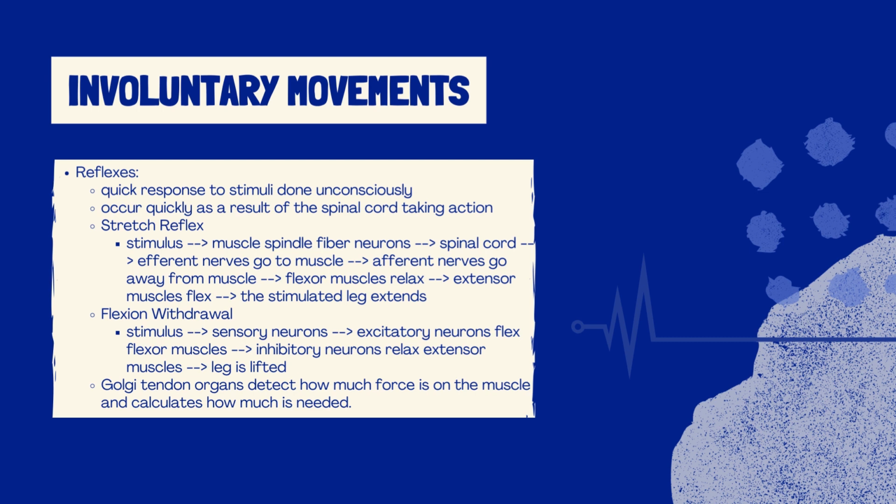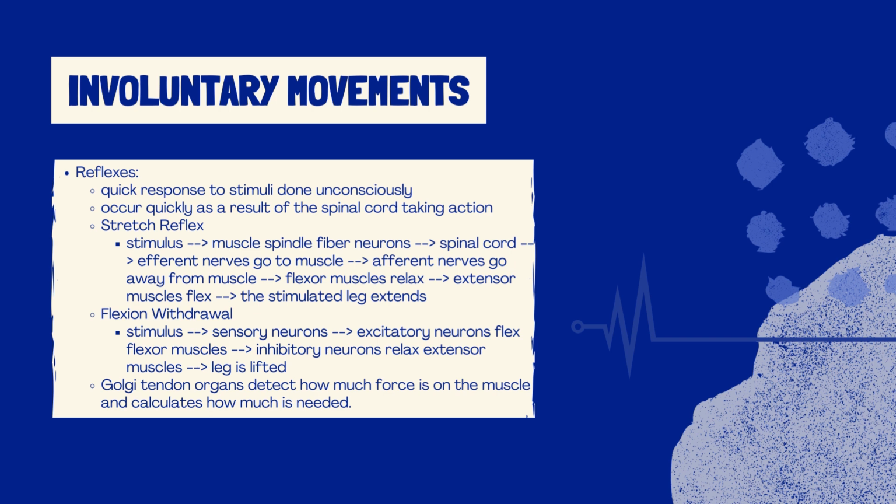So there are two types. Stretch reflex has a big process. So first there's the stimulus, for example, the knee jerk reflex. And then that stimulus is decoded and goes to the muscle spindle fiber neurons, which then send it to the spinal cord.